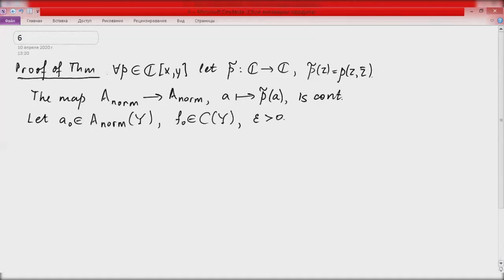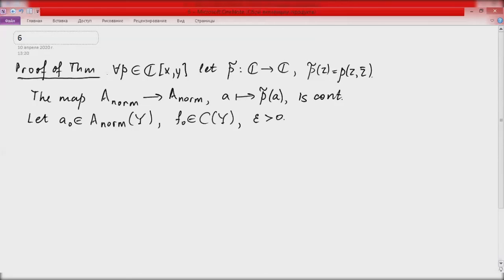So we have to show that if F is close enough to F0 in the topology of C of Y, and if little a is close enough to A0, then F of A is close to F0 applied to A0. So this will show that our map is continuous.